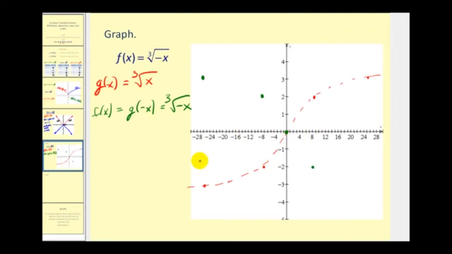And lastly, instead of -27, -3, we'll have +27, -3. So our transformed graph is green and would look something like this. And now we can see it's a reflection about the y-axis.